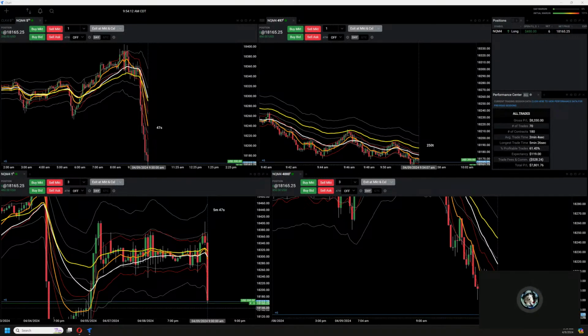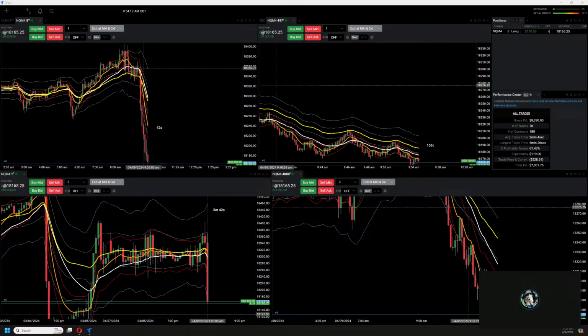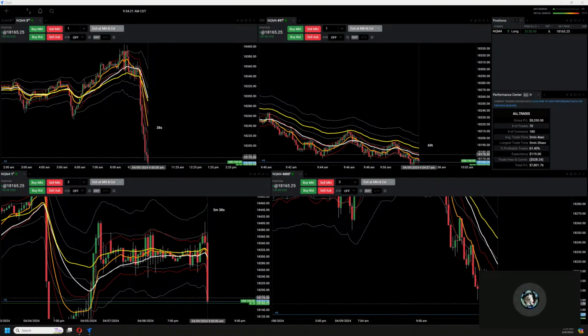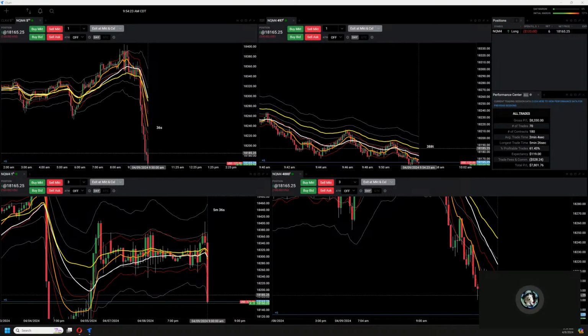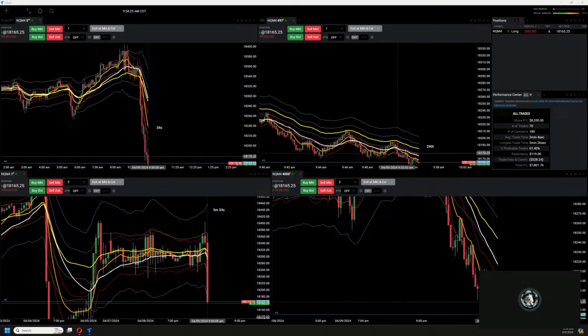Next level is 146 on the downside, so I'll analyze this. I'm expecting this next push on chart 2 to get up to the RDA. Maybe it won't.